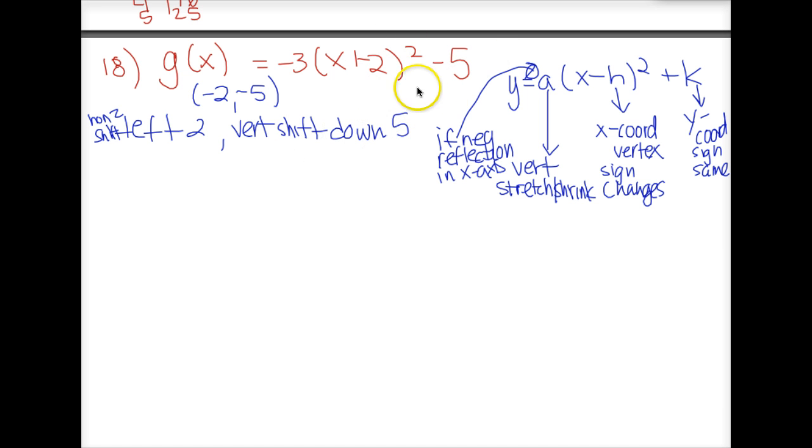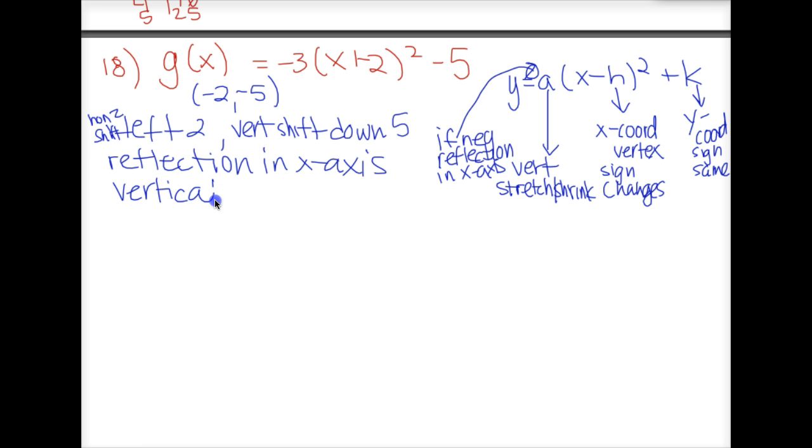Then I need to look at the rest. I have a negative. If negative, that means it's a reflection in the x-axis, so that's what I wrote. Reflection in the x-axis. Then the 3 represents a vertical stretch by factor 3.